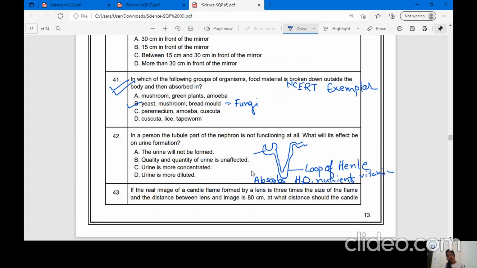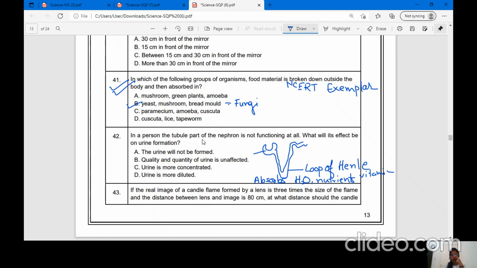After glomerular filtration, the filtrate which comes in the cavity of Bowman's capsule has a lot of water and so many useful substances for the body. So that glomerular filtrate needs to be absorbed. Otherwise so many useful things will go out in the form of urine. So the selective reabsorption happens in loop of Henle. So here water is absorbed.